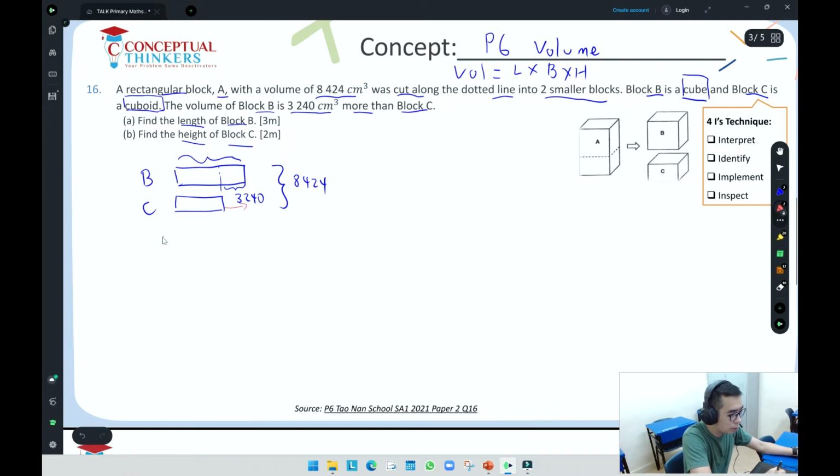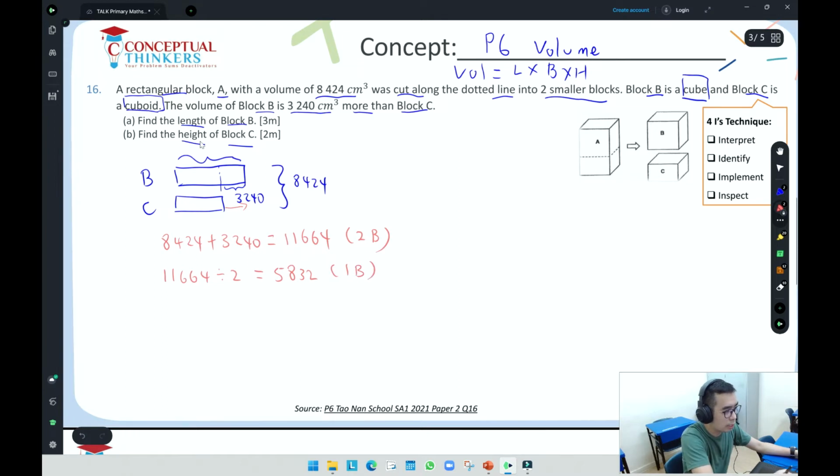In order to extend, I take 8,424 and add 3,240. This gives me 11,664. This is actually the volume of 2B, basically two blocks B. So to get the volume of one block B, I take 11,664 and divide by 2. This gives me 5,832. This is actually one block B.